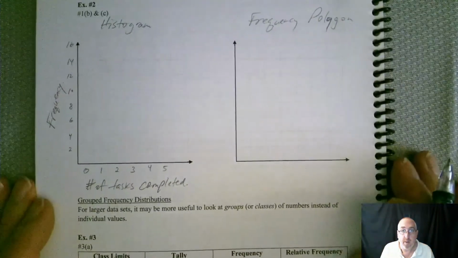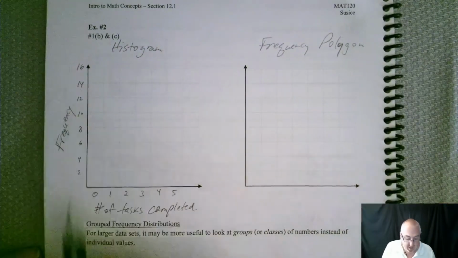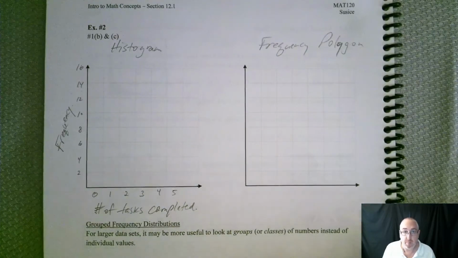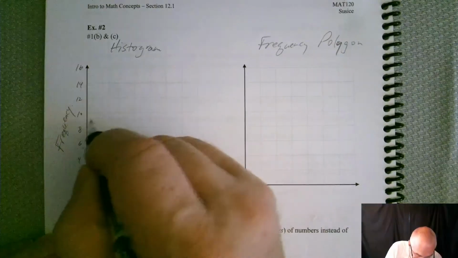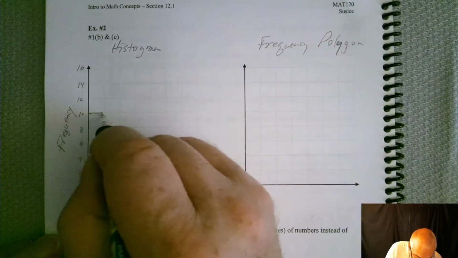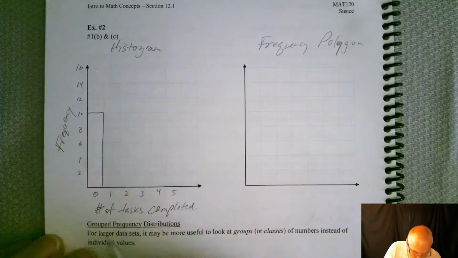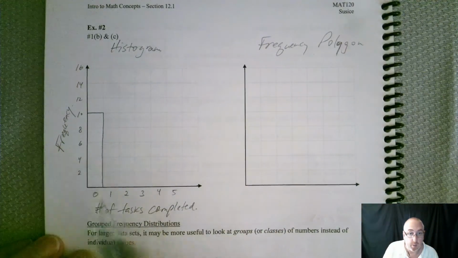Okay, so now we have our graph, we have our scale, we have our values and everything listed. Now it's just a matter of creating bars. Remember, the first bar went up to 10, so we're going to put that bar right next to the vertical axis, and we're going to go up to 10.